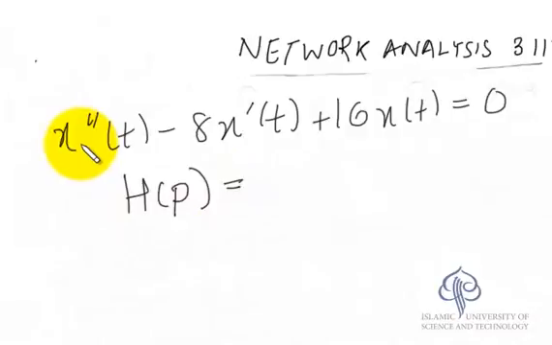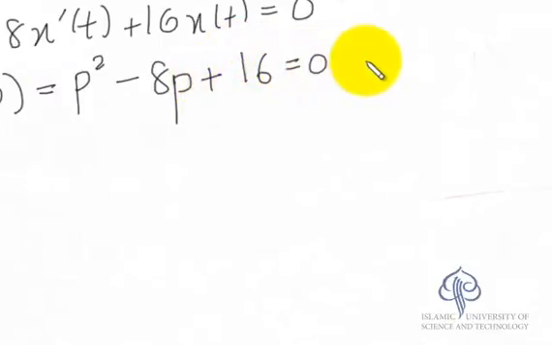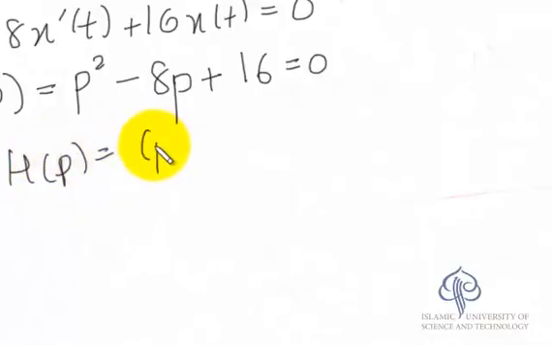This is a degree 2 differential, so p square, minus 8p, which is a degree 1 differential and is written down straight away, plus 16 is equal to 0. This can be factorized. This is (p minus 4) whole square is equal to 0.